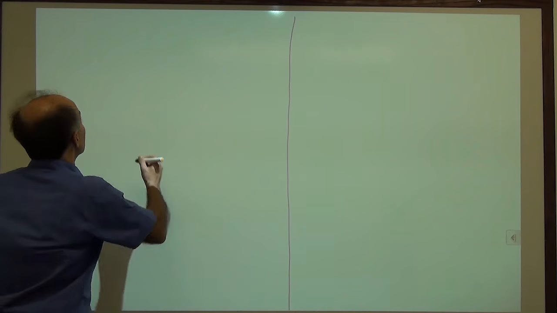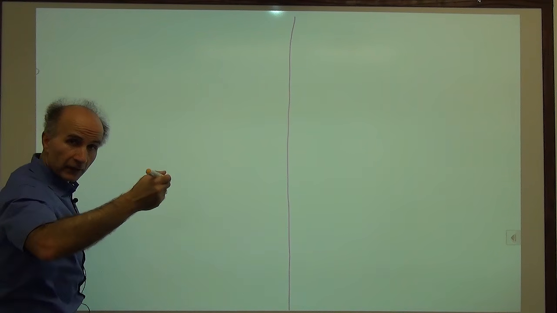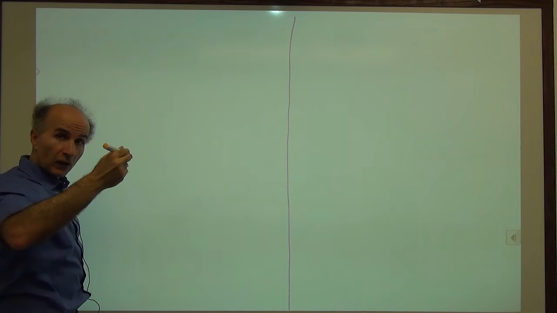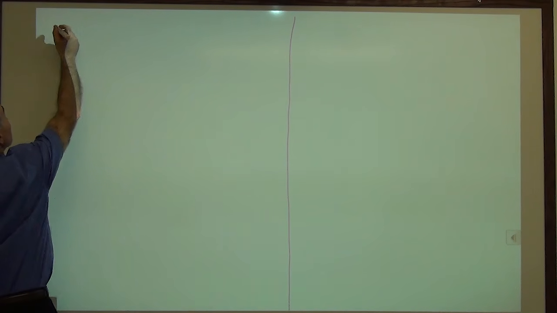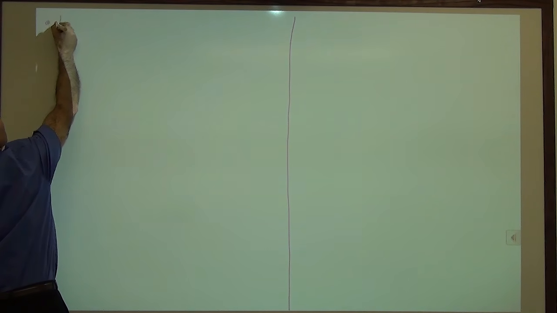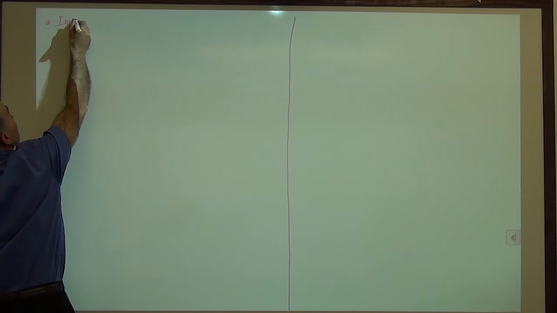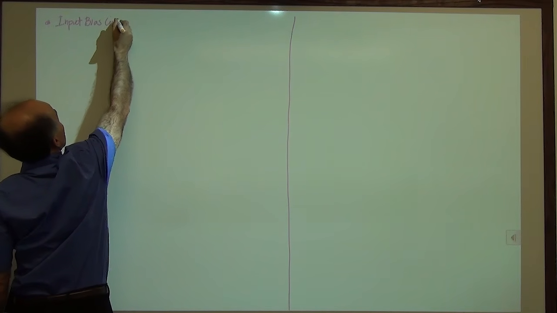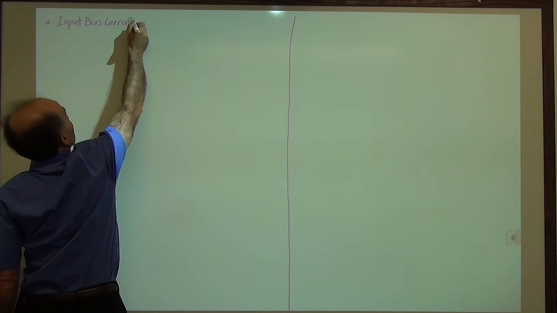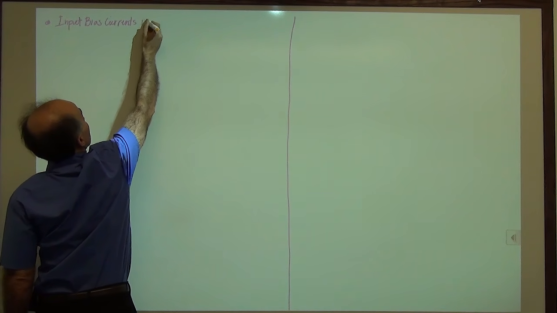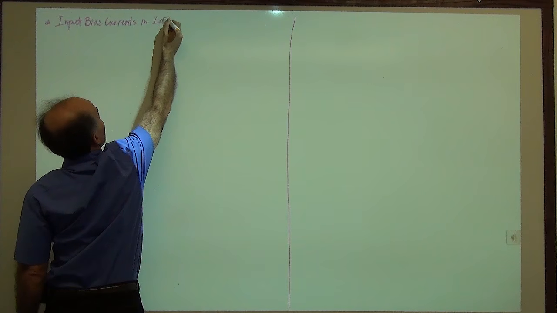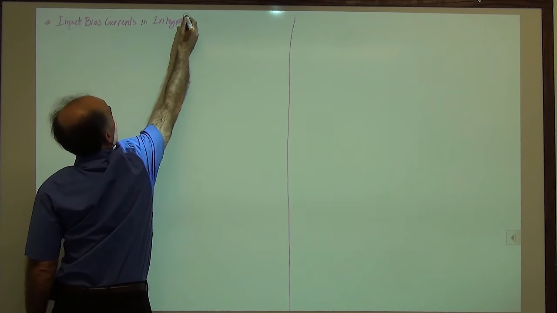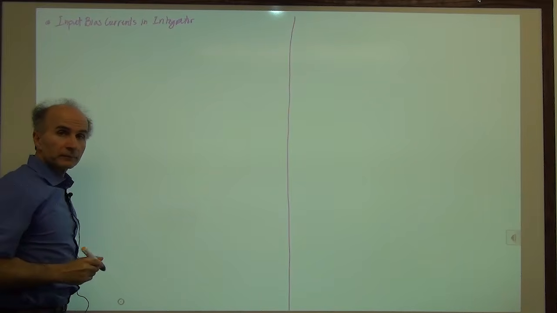So let's consider the effect of these input bias currents on the integrator. So, input bias currents in integrator. So we're wondering what they do here.